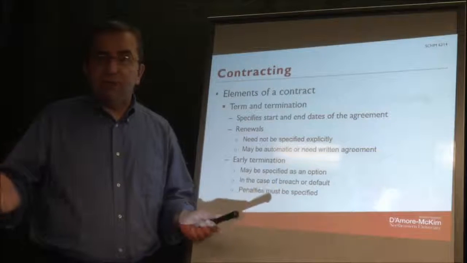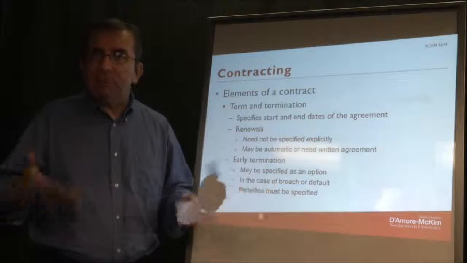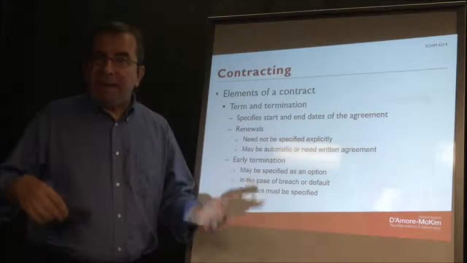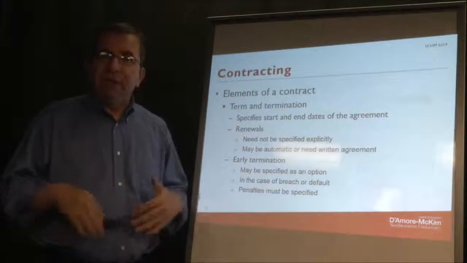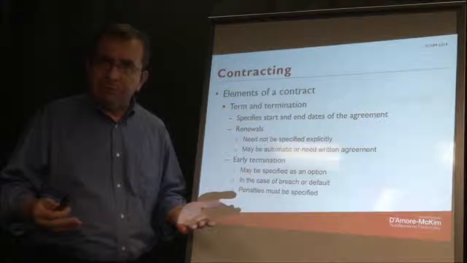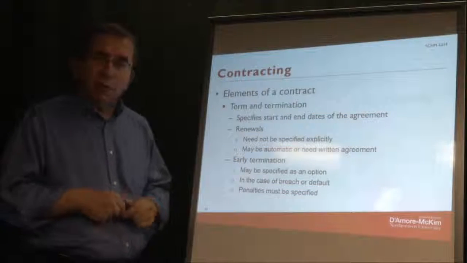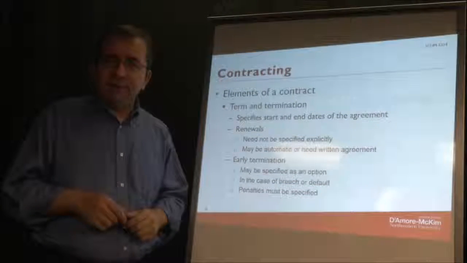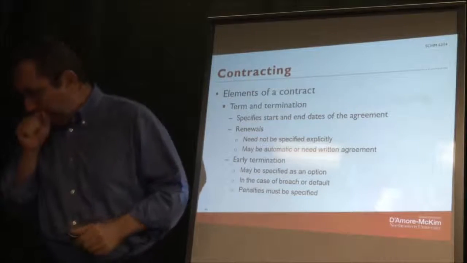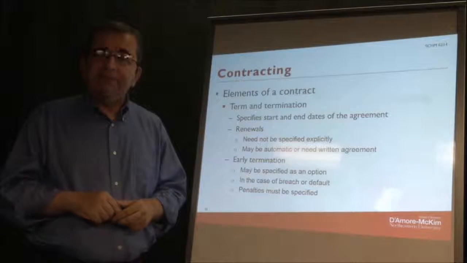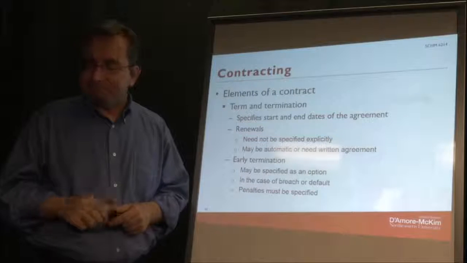Can you get out of a contract just like that with no penalty? Or are you going to pay an early termination fee? Are there going to be other penalties and consequences? So these all can be specified in the contract.